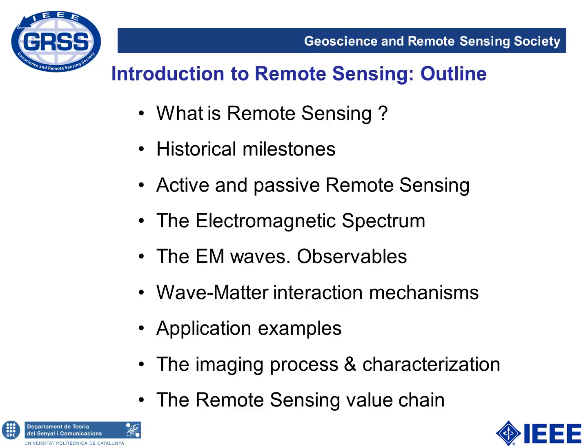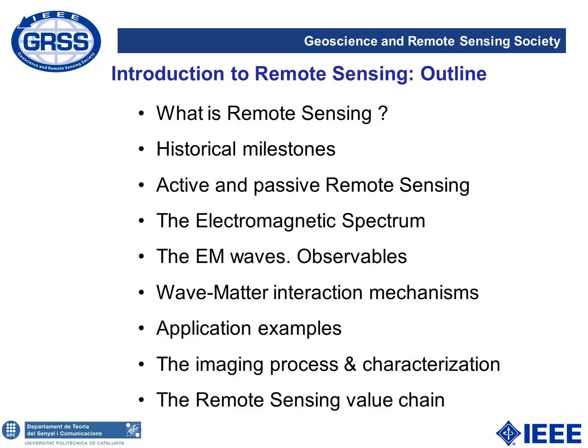We will distinguish between active and passive remote sensing techniques, and we will consider some particularities of the electromagnetic spectrum, different bands, and how electromagnetic waves can be expressed mathematically, what kind of observable parameters we can measure, and with special attention to the wave-matter interaction mechanisms, because these are basic for obtaining remote sensing information of the observed surface.